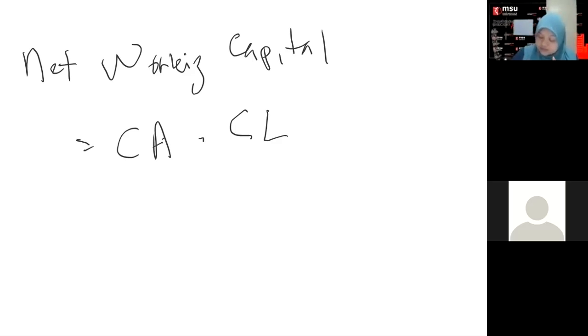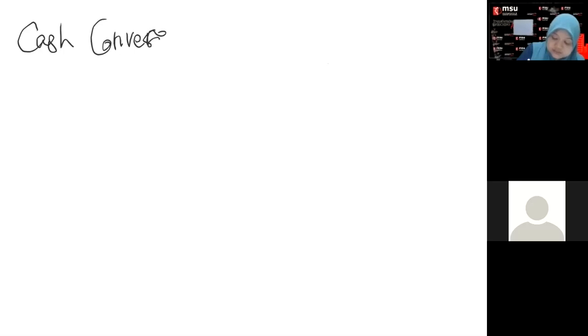The second thing that you have to know in working capital management is the cash cycle. We call it the cash conversion cycle. In the cash conversion cycle, we want to see how long it takes for the company to recycle the cash.